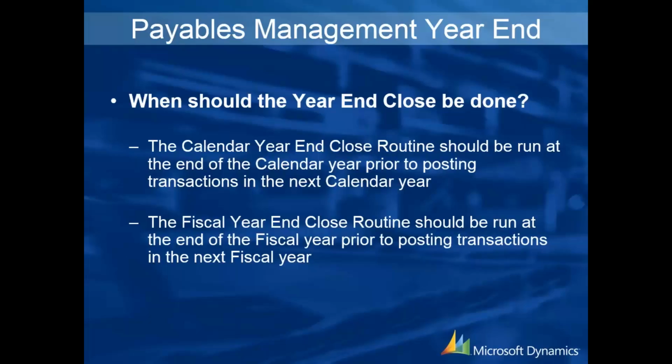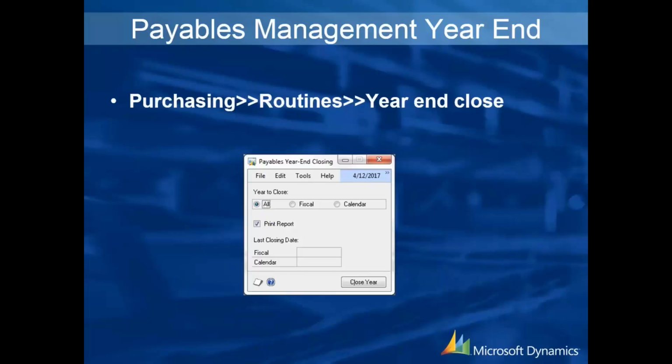It affects some of the reporting when it comes to smart lists, but it does not affect your 1099 printing. So again, similar to receivables, I can close the fiscal year, I can close the calendar year at separate dates, or I can close them both together if my calendar and fiscal year coincide.